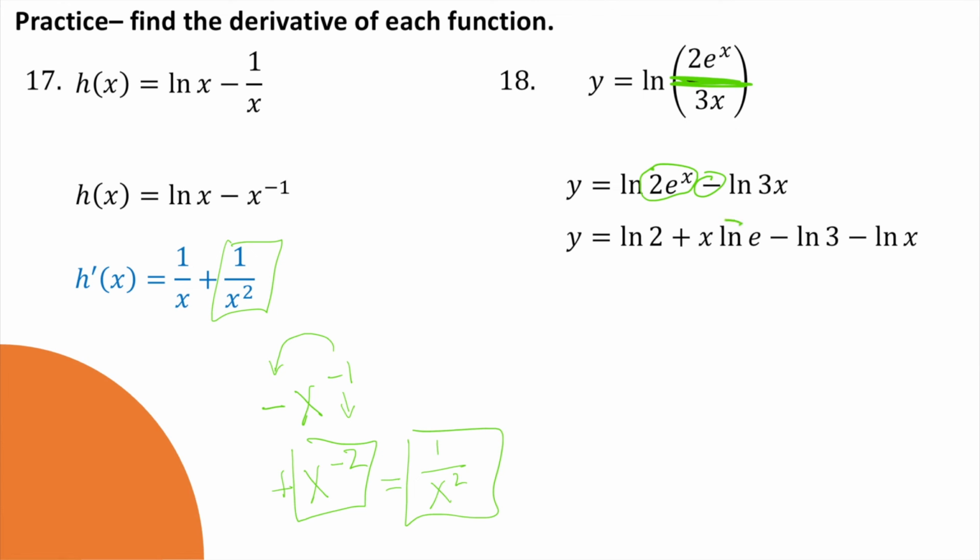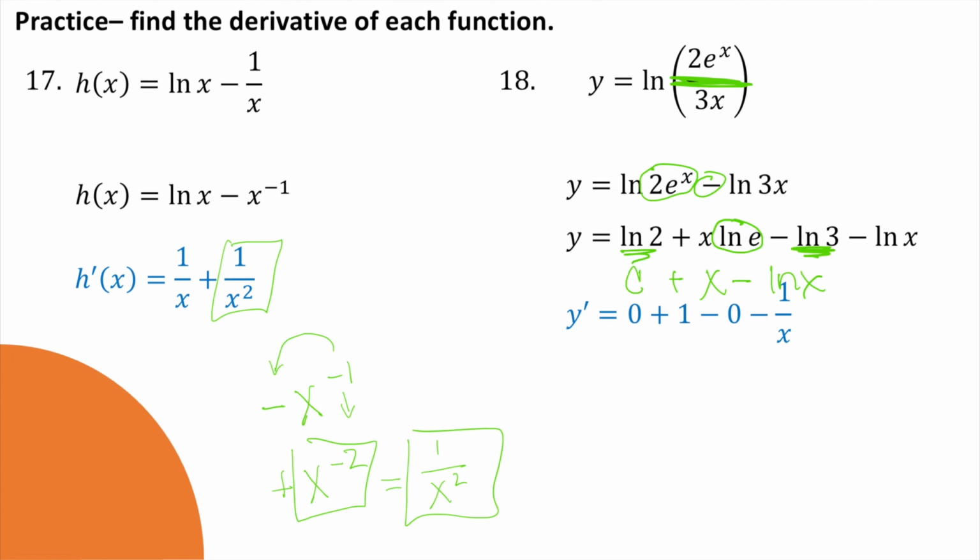And then look what we have here again. Ln of e is 1. Ln of 2, that's actually just a number. It's a constant. So we've got a constant plus x times 1 minus, a constant minus ln of x.